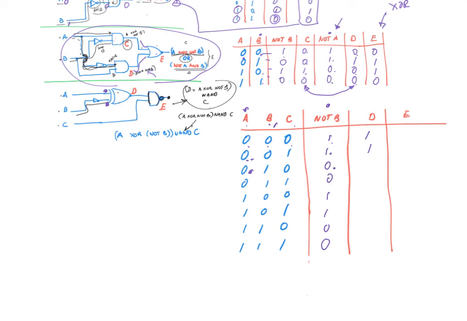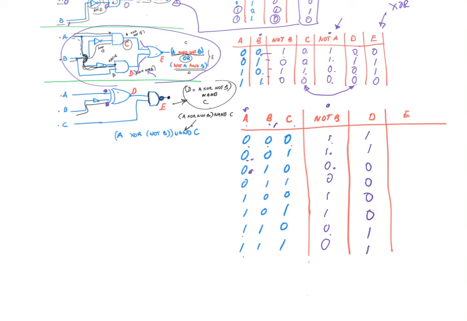Oof, that's so horrible. I'll just go back and make these zeros like zeros. So 0 XOR 1 is 1, 0 XOR 1 is 1, 0 XOR 0 is 0, 0, 1 XOR 1 is 0, 1 XOR 0 is 1, 1 XOR 0 is 1.